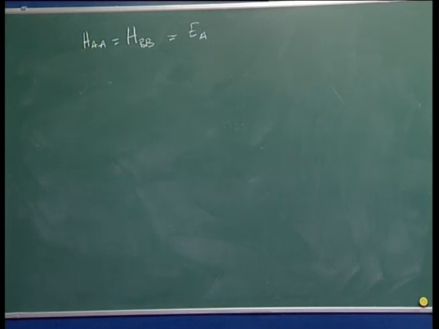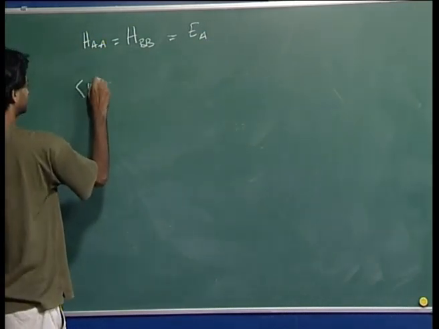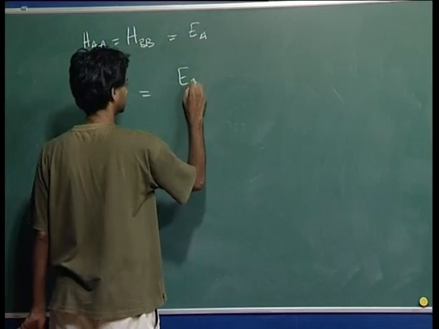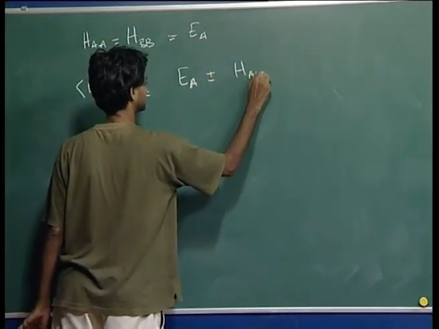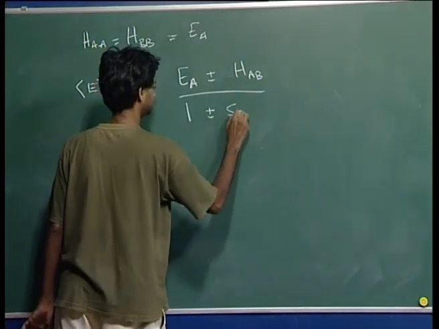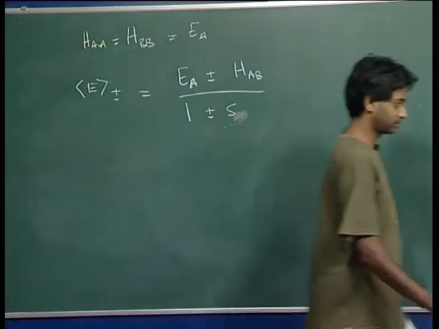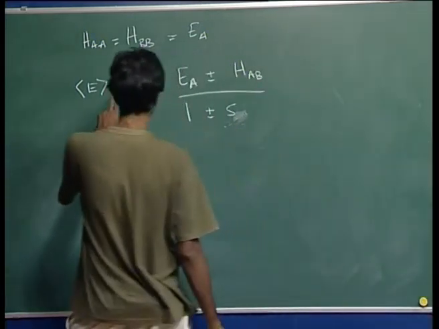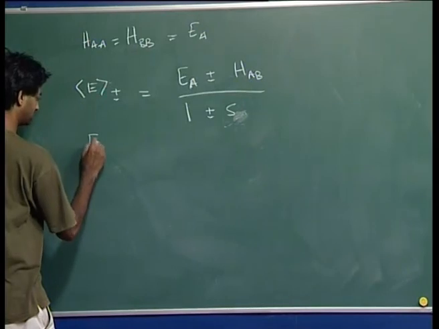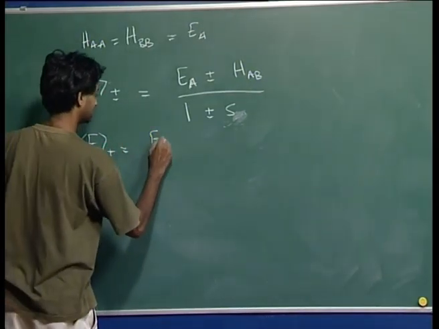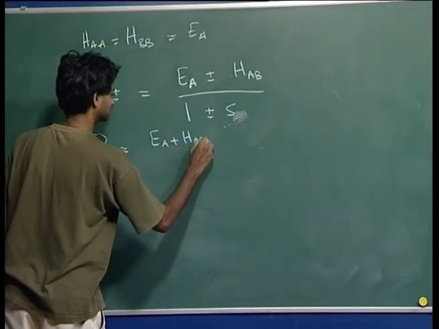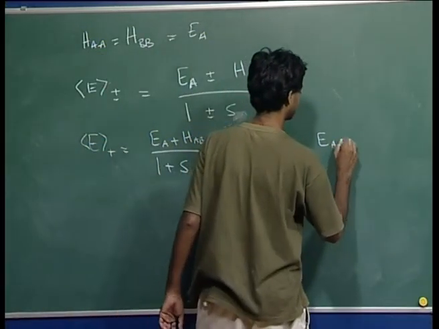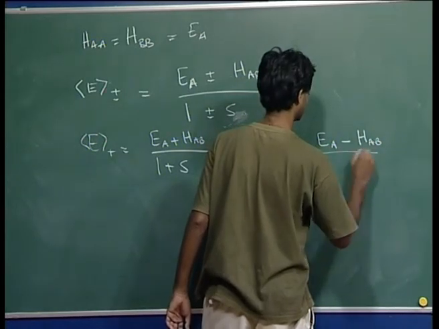So, if HAA equals HBB equals EA, then you can write E, there are two solutions, plus and minus solutions, given by EA plus or minus HAB divided by 1 plus or minus S. So, in other words, you can write E plus is EA plus HAB divided by 1 plus S, and E minus is EA minus HAB divided by 1 minus S.